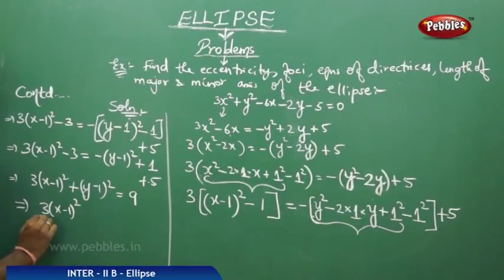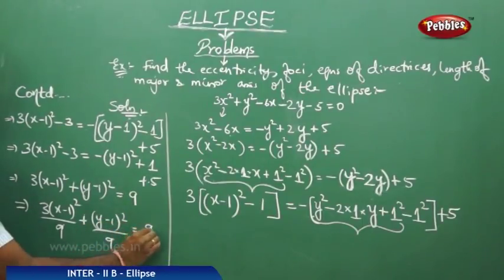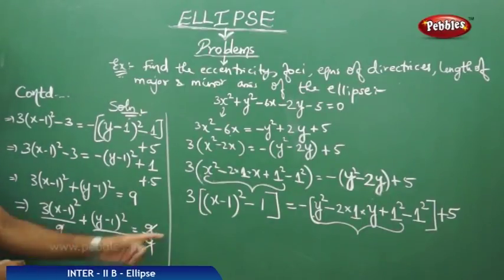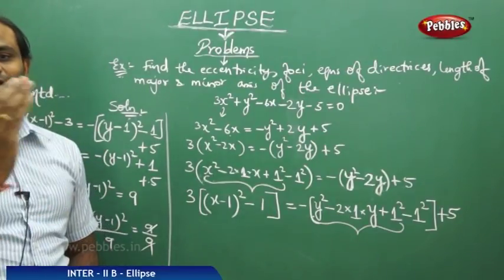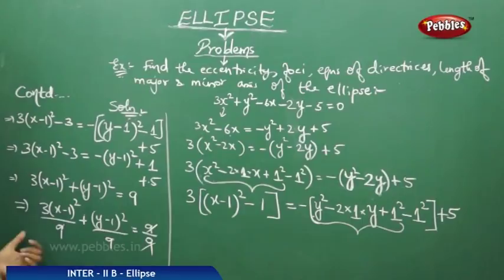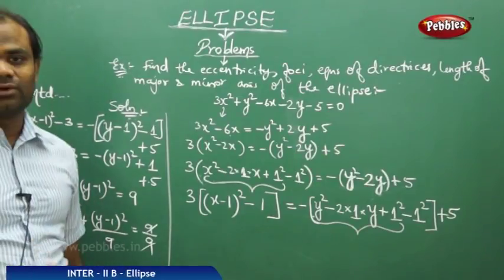So I get 3 times x minus 1 whole square by 9 plus y minus 1 whole square by 9 is equal to 9 by 9. So with this division by 9 on both sides, the right side reduces to 1, because the standard equation always has 1 on the right side. Thus, this on simplification gives the standard equation of ellipse in transformed form.